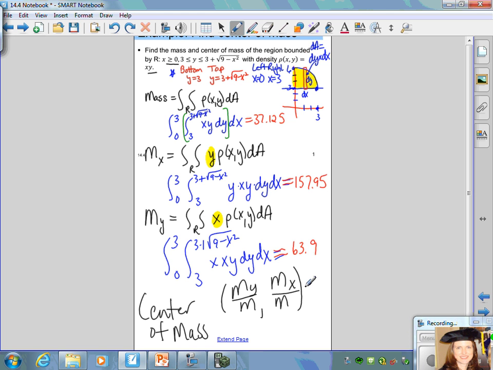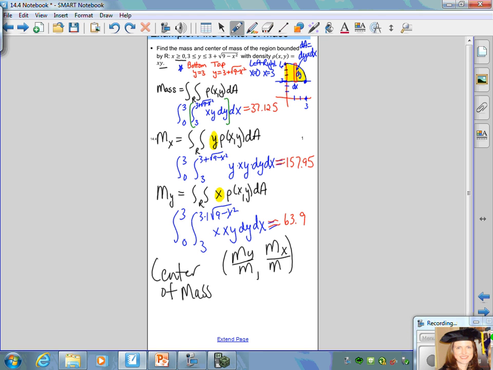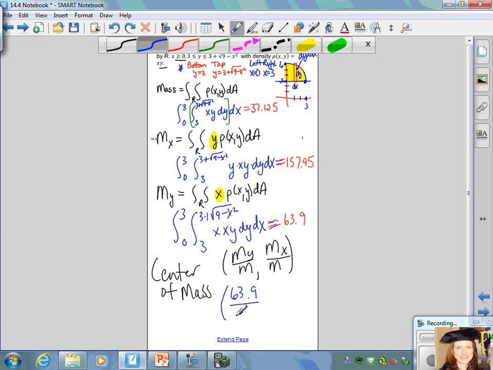So take those three answers that we found and plug them in. So we get the moment with respect to the y-axis, that was 63.9. Divide that by 37.125, and then take the moment with respect to the x-axis, which is 157.95, and divide that by 37.125.